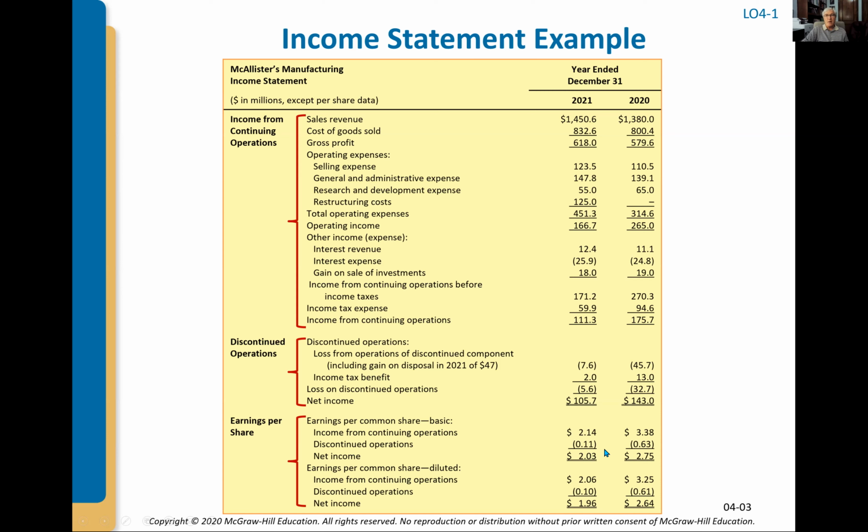So what's great about earnings per share? Now we can compare earnings per share to the price per share. If we can see the price per share on the stock market, we can divide that price per share by the earnings per share. And that would be what we call a price multiple, which gets back to valuation. So a very expensive stock would have a very high multiple, and a cheaper stock would have a low multiple.